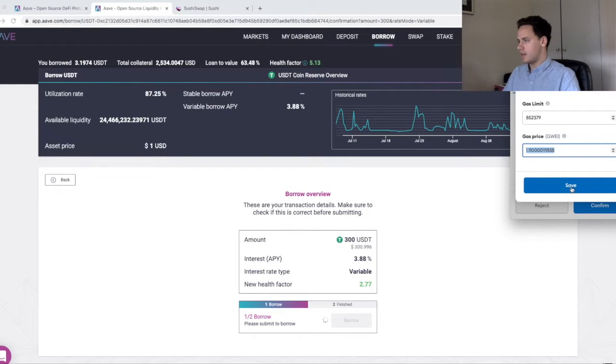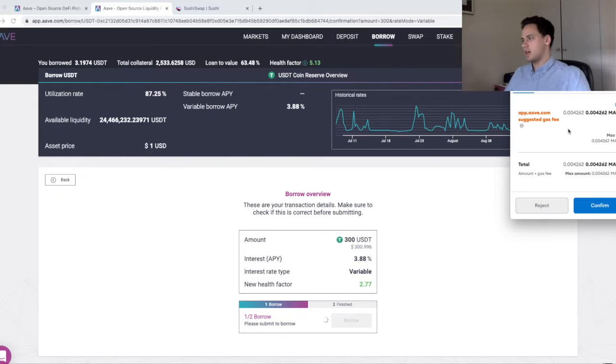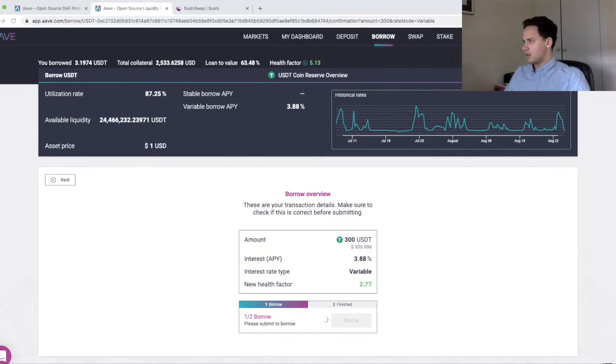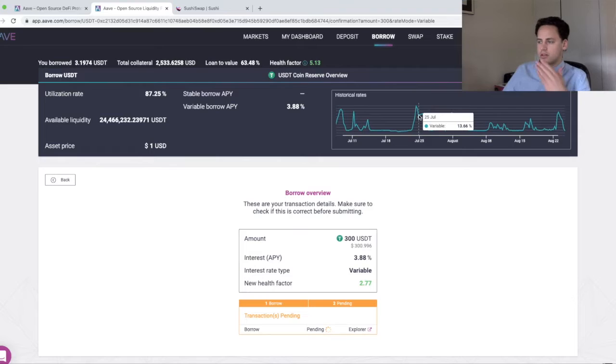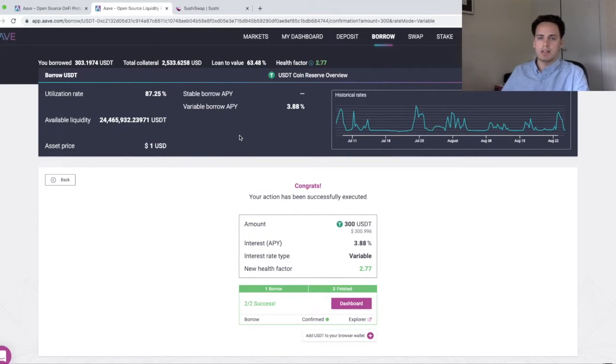Matic is the native asset for the Polygon blockchain, and you're going to need Matic in order to transact, to pay the miners and the validators to put your transactions through, just like you would have to pay Ethereum on the Ethereum layer 1 blockchain. But obviously Matic and Polygon is a lot cheaper.